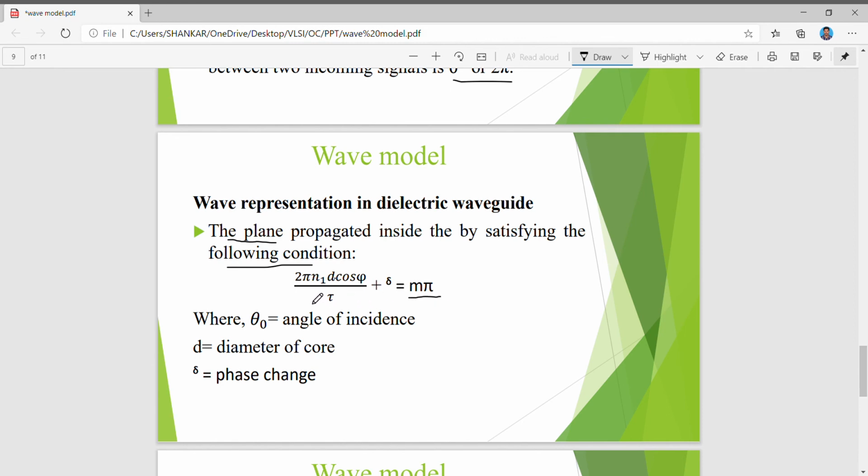Okay, this is the equation. Based upon this equation, we can determine how the signal will be propagated inside the waveguide.